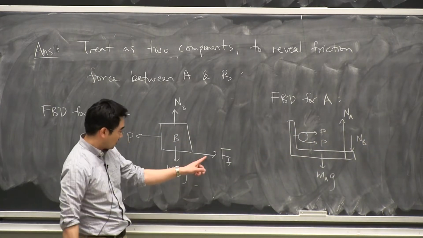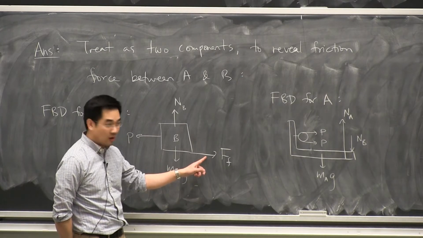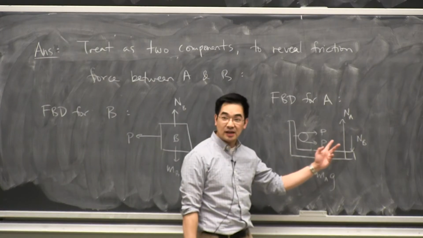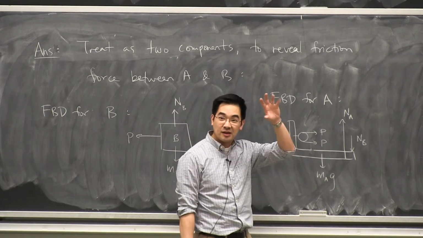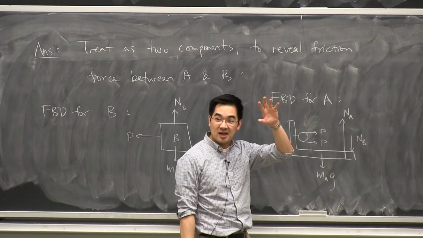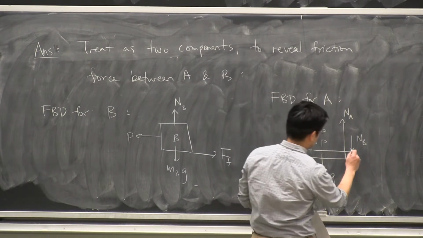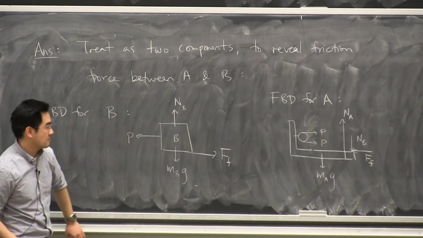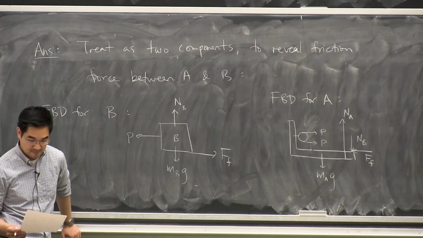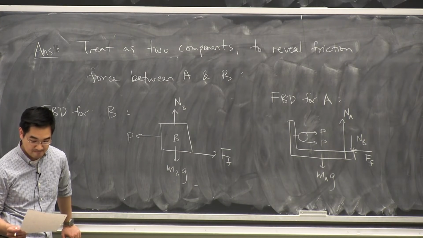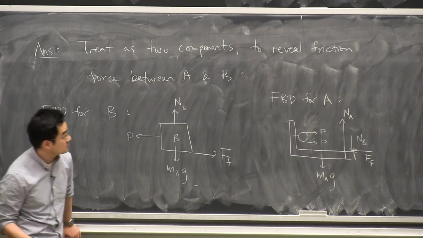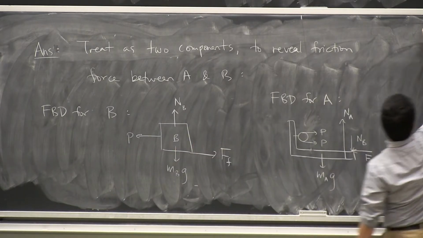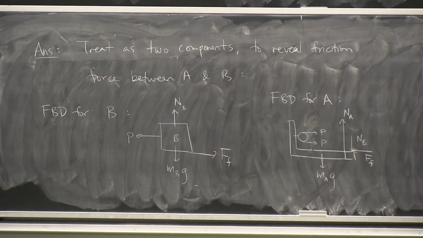And the friction force that you see here that's acting this way, it means that if there were any static friction of the top block trying to not move against A, there has to be an equal and opposite friction force here, like that. Okay? All makes sense?